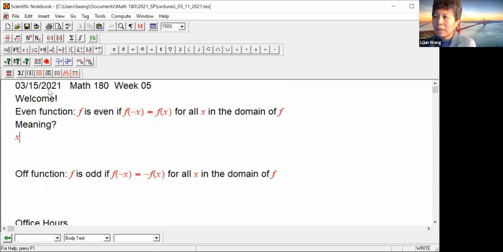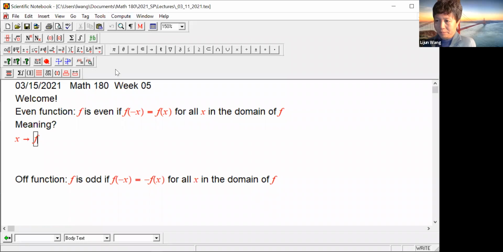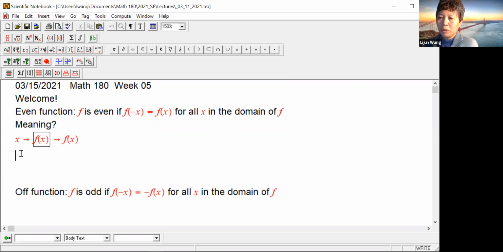Now if we look at the perspective from an input for a specific function f, we don't know what it is, and f acts on this input and produces an output. So this is the output. If the input is x, the output is going to be f of x. And now we have f of negative x.